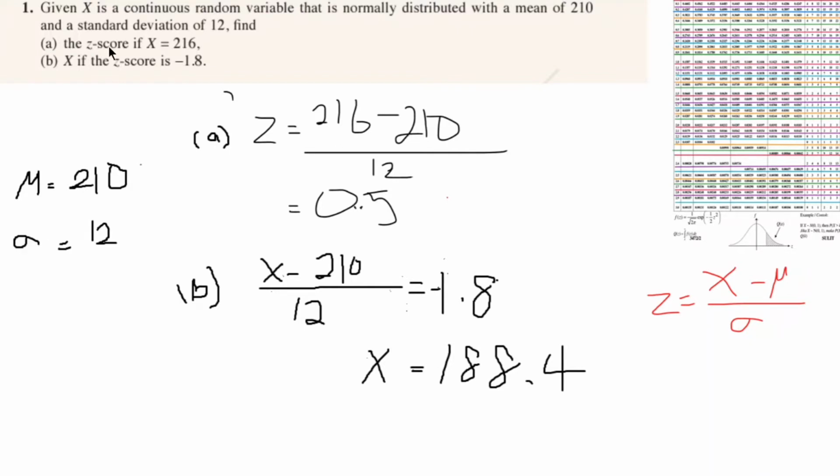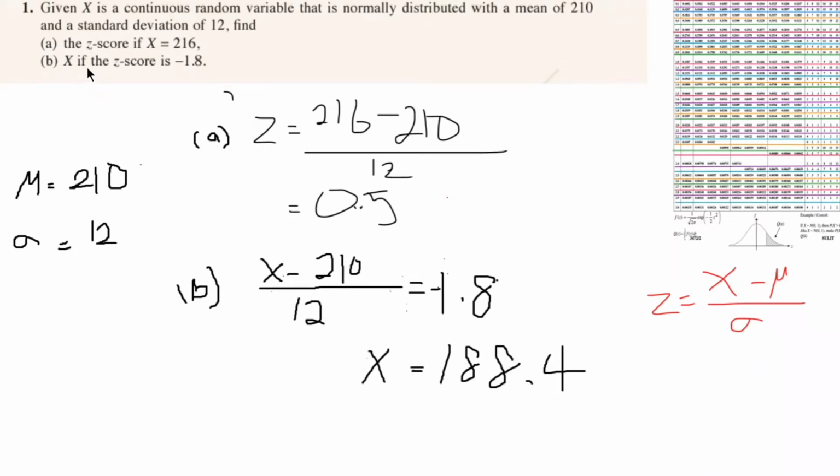To find the z-score, we use the formula x minus mean divided by standard deviation. So z equals 216 minus 210 divided by 12, and then we get the answer. The answer is 0.5.